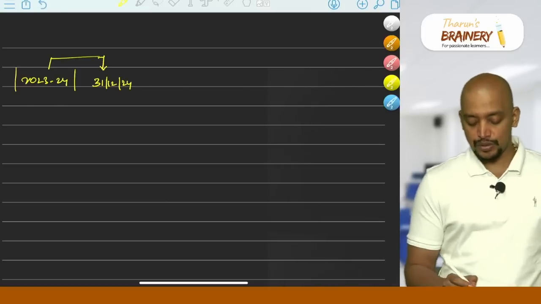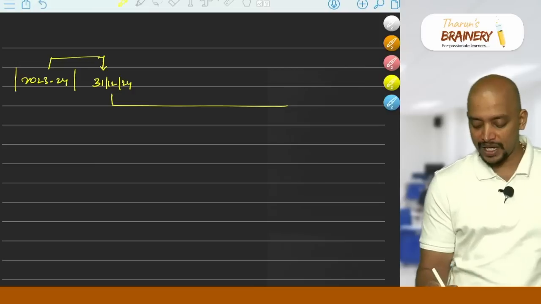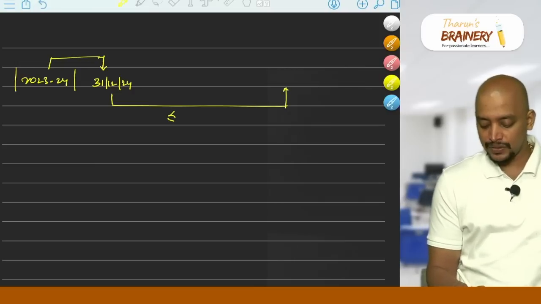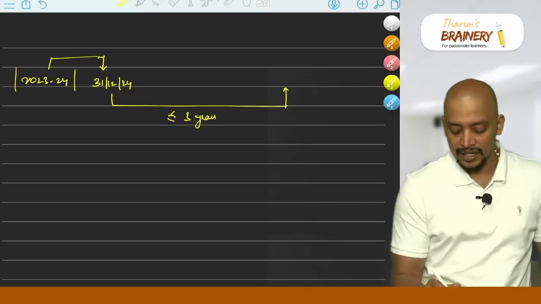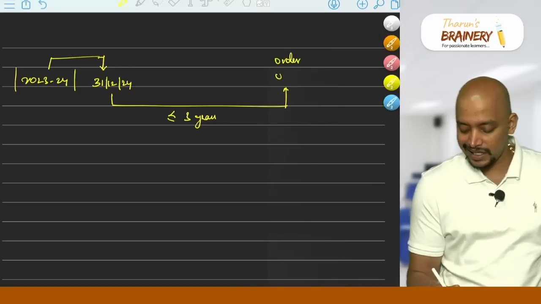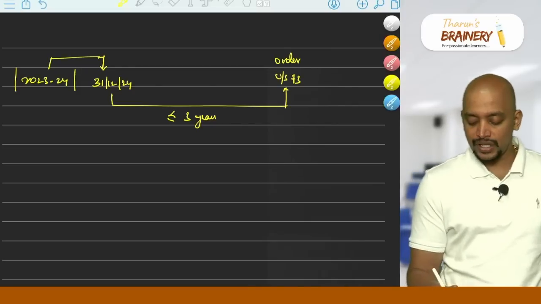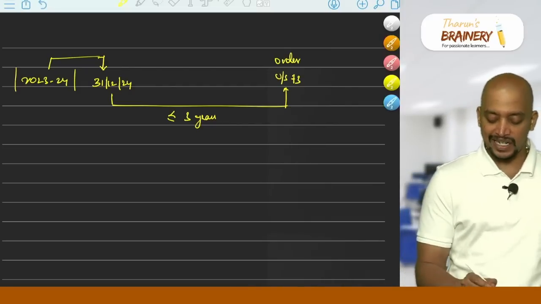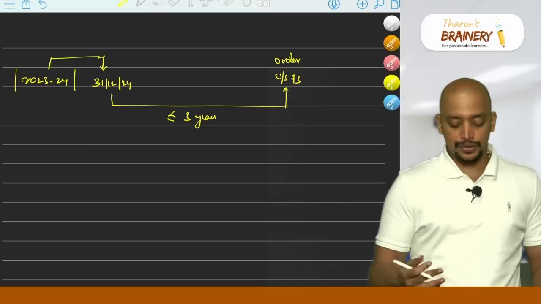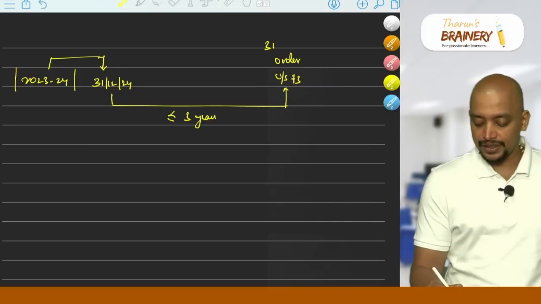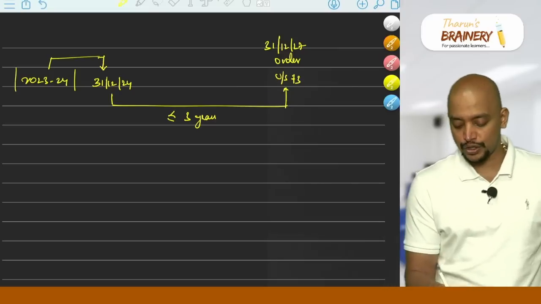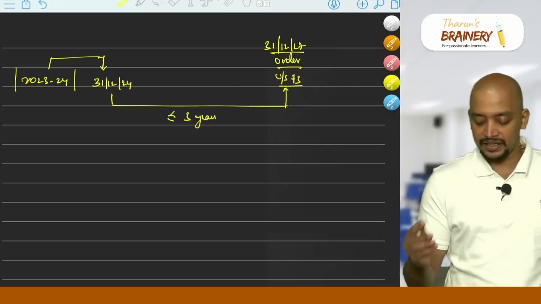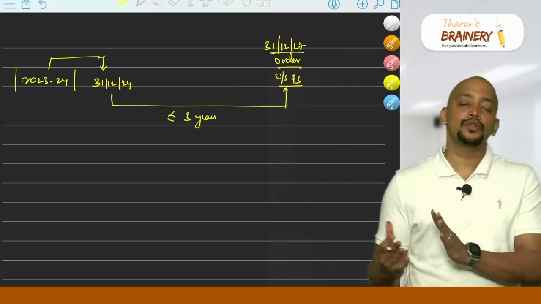From 31st December 2024, the order should be given within 3 years. So 25, 26, 27: 31/12/2027 is the time limit by which the order should be passed under section 73. And what is the time limit within which the notice is to be given?